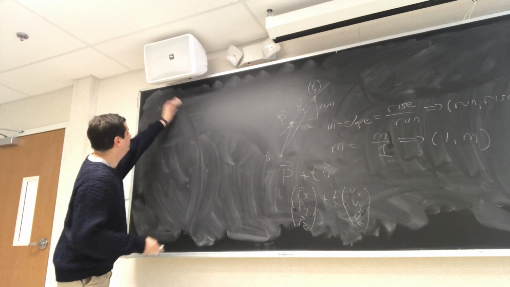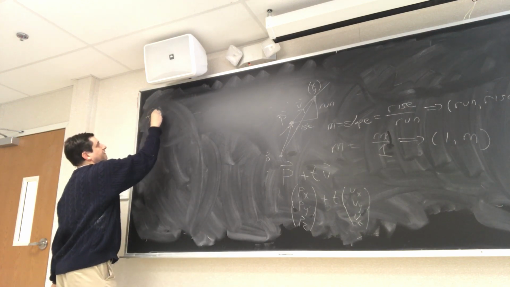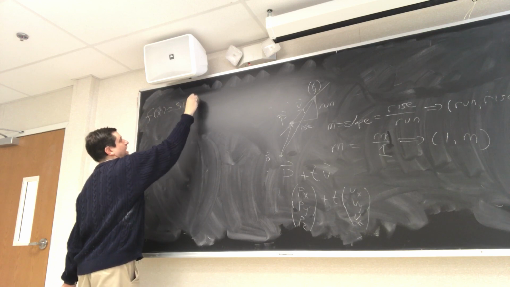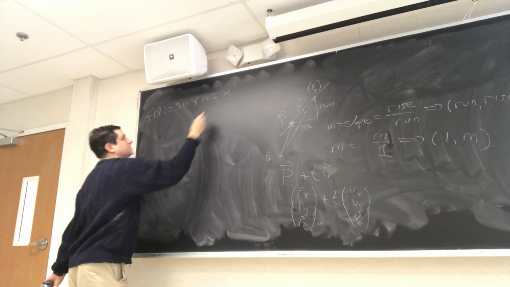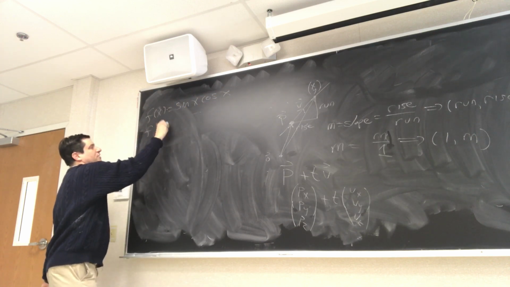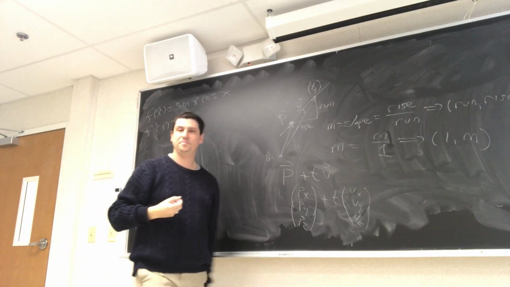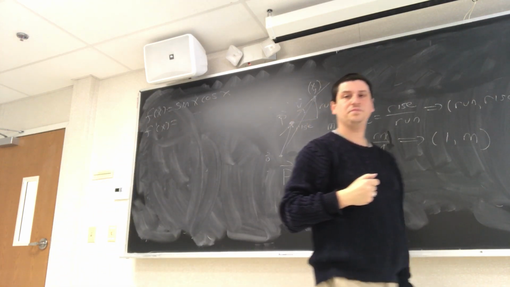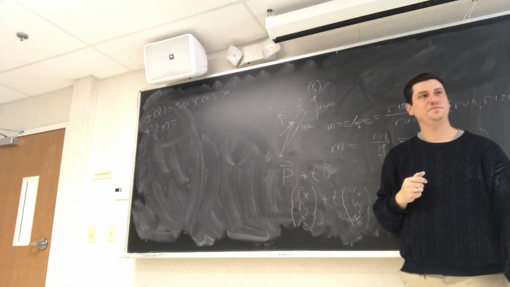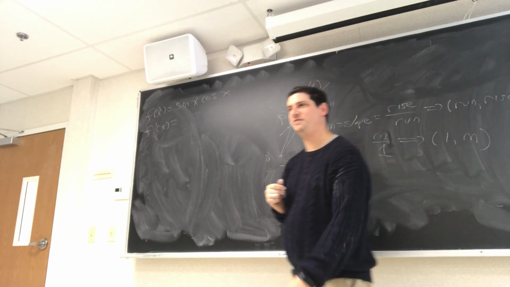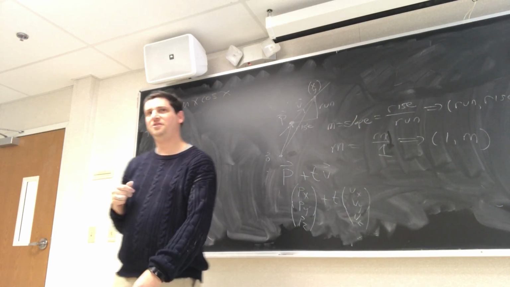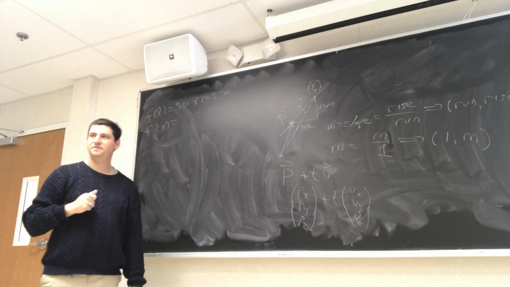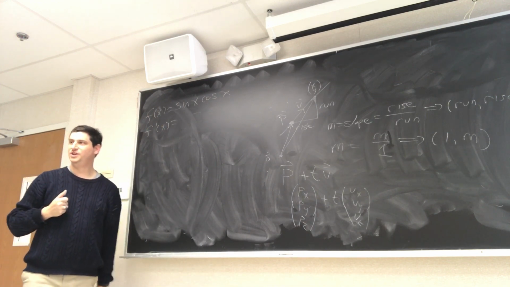Let me give you the following function and do a little calculus. f of x is sine x cosine x. What's f prime of x? So how do we take the derivative of f of x? What rule?